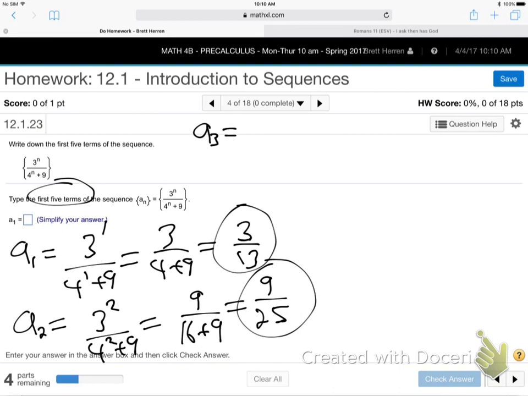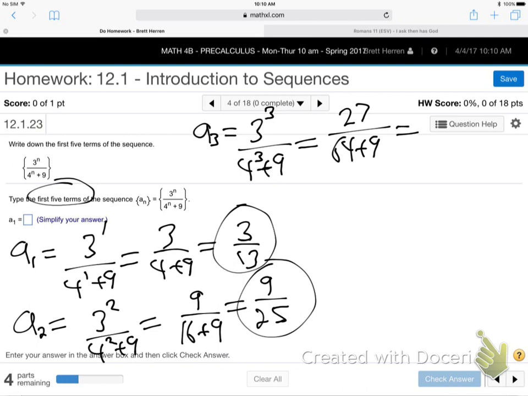And then a sub 3 is 3 to the 3rd power over 4 to the 3rd power plus 9. What's that? 27 over 64 plus 9, which is 27 over, what's that, 73? A sub 3. 2 more. A sub 4 and a sub 5.